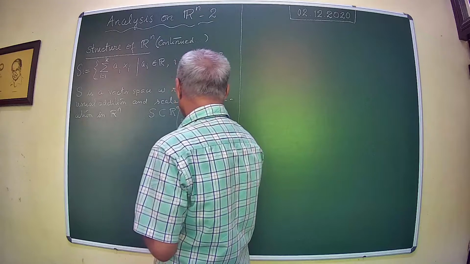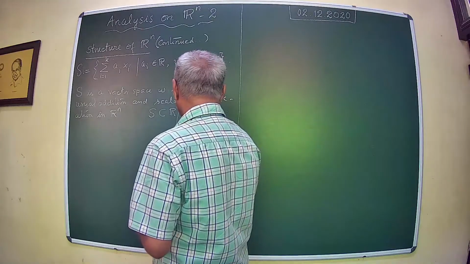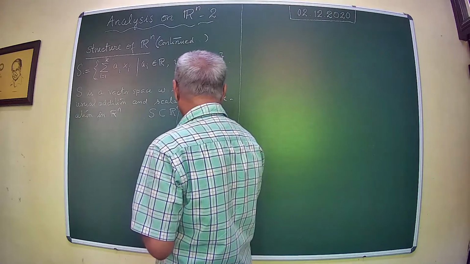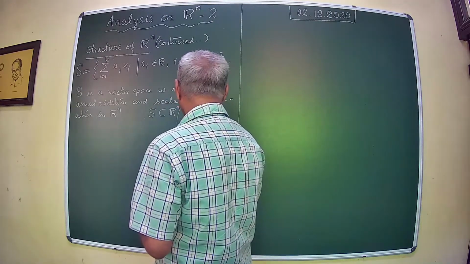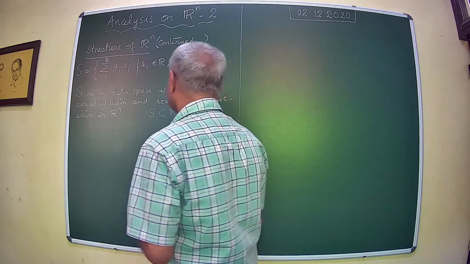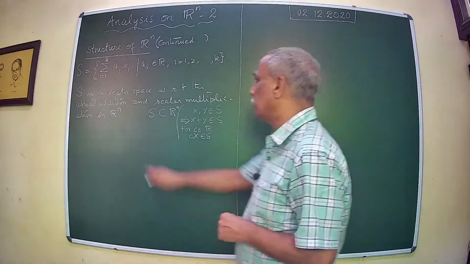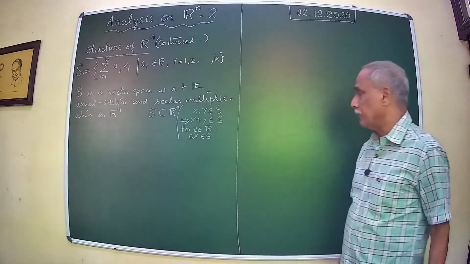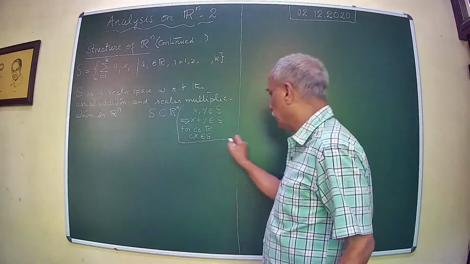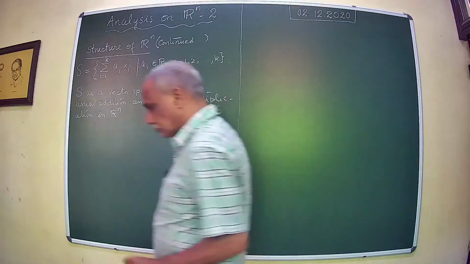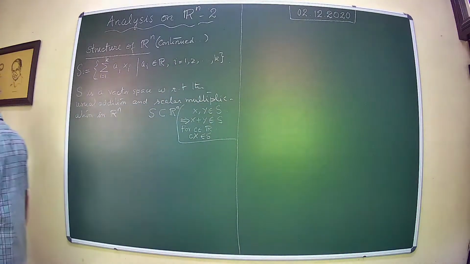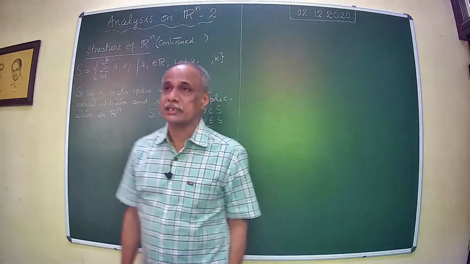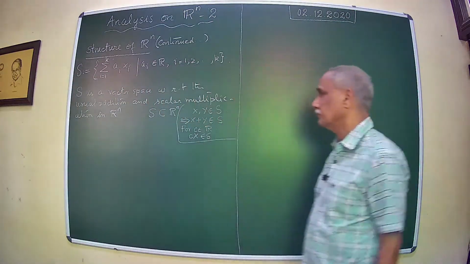Second part is for c belonging to R, cx belongs to S. cx would be just multiplying these coefficients. That's all. So it's pretty simple. And therefore you see that you have all the ingredients inside S which will make it a vector space.